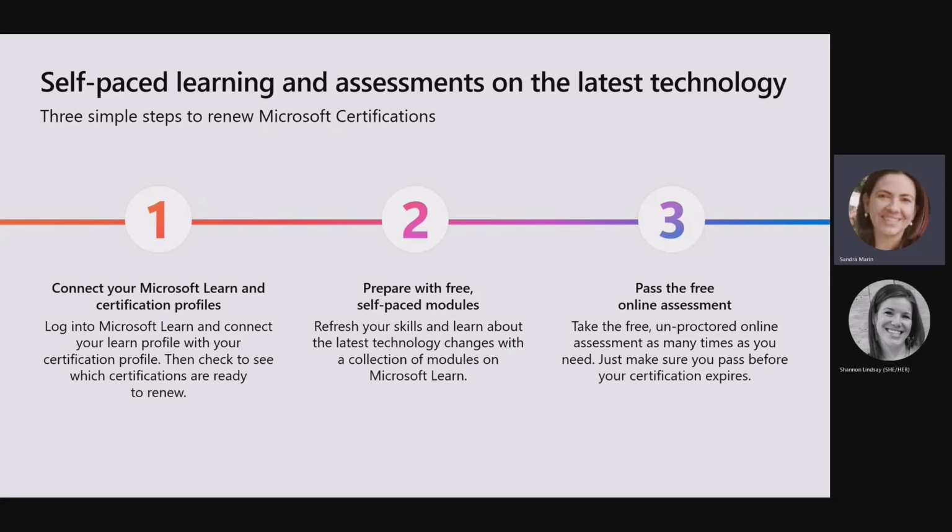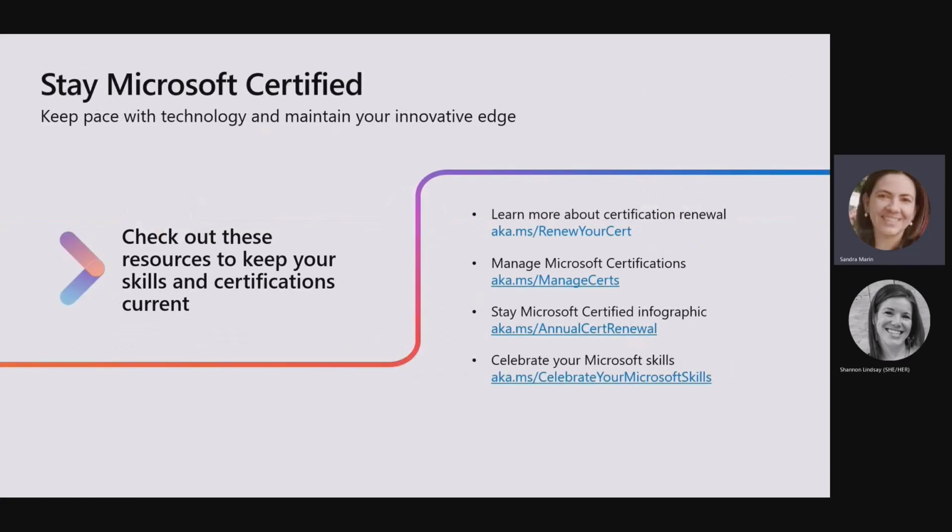And you can take this test multiple times if you don't pass it the first time, but you need to be sure that you pass it before your certification expires. That's all you need to do, and then you are good for 1 more year. So learn more about certification renewals in this link, and don't forget to celebrate your Microsoft skills when you earn your certification for the first time and when you renew it.